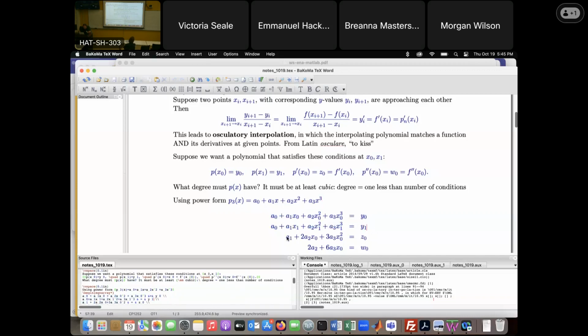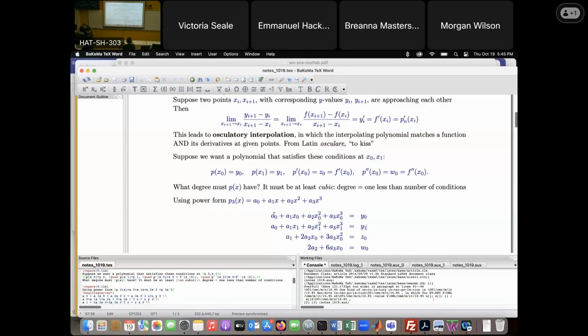Third equation, we take the derivative of our interpolated polynomial. We evaluate that at x0 and require that it equals z0. And then we take the derivative again. Fourth equation, plug in x0, require that it equal our f double prime value, which I'm calling w0.